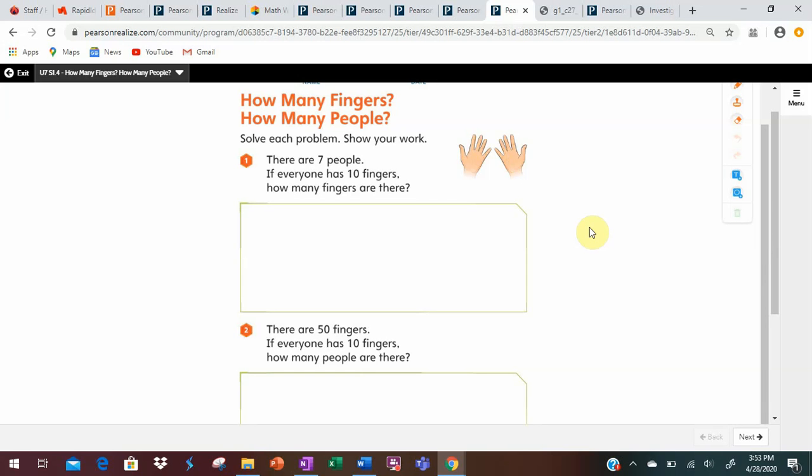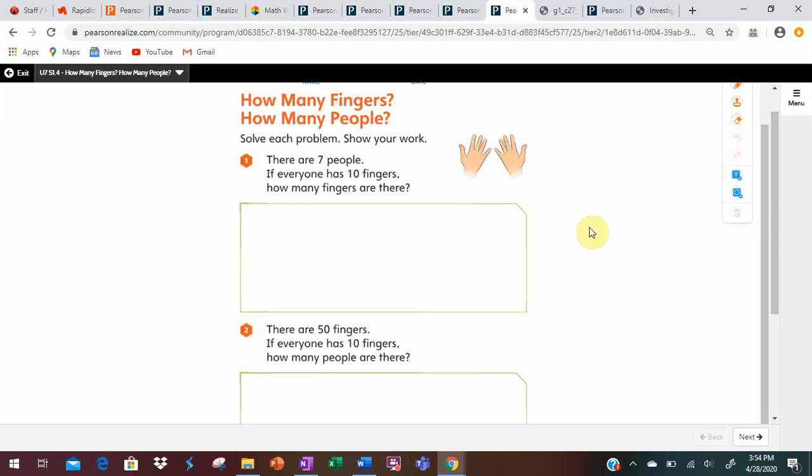If everyone has 10 fingers, how many people are there? Listen to it again. There are 50 fingers. If everyone has 10 fingers, how many people are there? The other problems have been giving us how many people, and they want to know how many fingers or toes. This one gives us how many fingers, and it wants to know how many people.